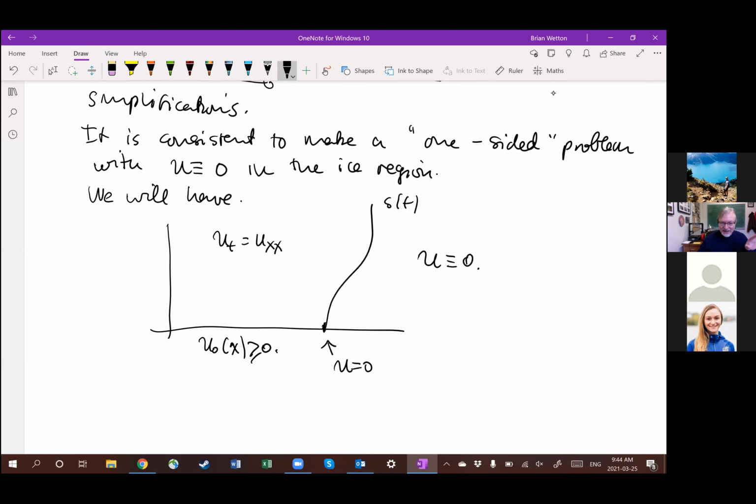This is the water side temperature. And I will have dS by dt is minus dU dx, coming from the left-hand side. But there is only the left-hand side now, so I won't put that. That's just taking the dU dx on the positive side as 0 in the same expression we had before.